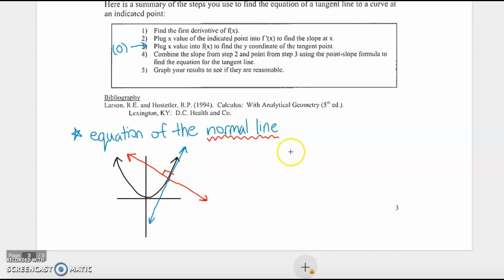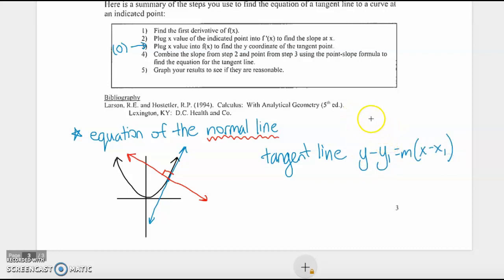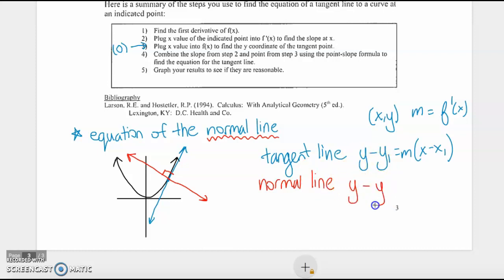So if the equation of your tangent line is y minus y1 equals m times x minus x1, where you have the point x comma y, and m is really your derivative at that x value, basically the equation for your normal line is y minus y1, and then perpendicular lines have opposite reciprocal slopes, so negative 1 over m times x minus x1.